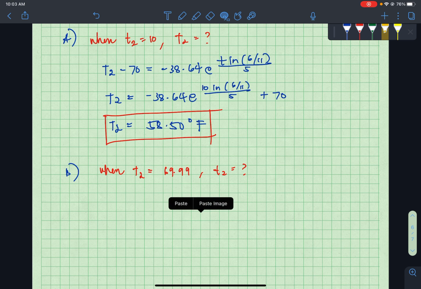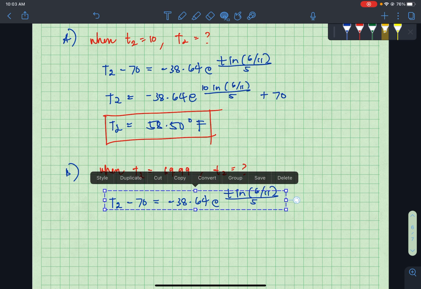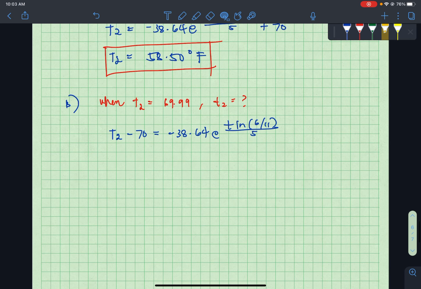Let me copy the formula. We could have T2 as 69.99, minus 70, equals negative 38.64 e raised to t ln of 6 over 11 divided by 5.